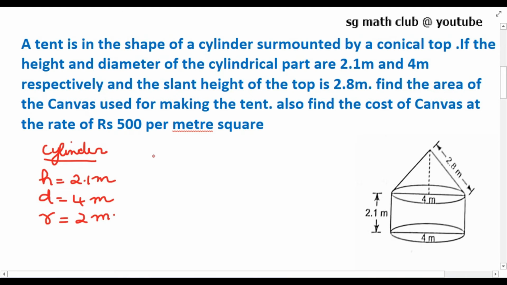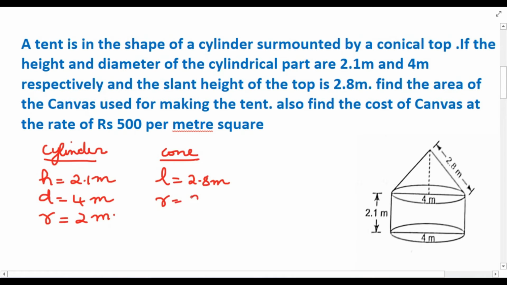And slant height of the top, that is slant height is for cone. So for the cone, slant height is 2.8 meter. Since the cone is above the cylinder and both having the same base, the radius of the cone will be 2 meter. We need to find out area of the canvas that is used for making the tent.